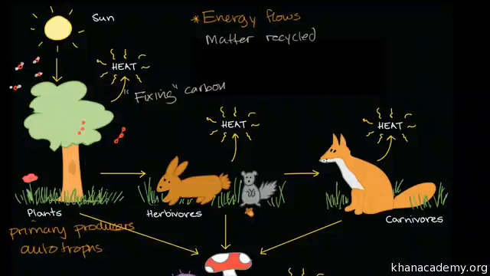So the next phase, and this is a very simplified diagram or ecosystem that we're thinking about. Most ecosystems are far, far, far more complex. Let's think about the characters that would eat the plants, the characters that would eat the primary producers. And we call the folks that eat the primary producers primary consumers. So this bunny or this squirrel right over here, they are primary consumers.